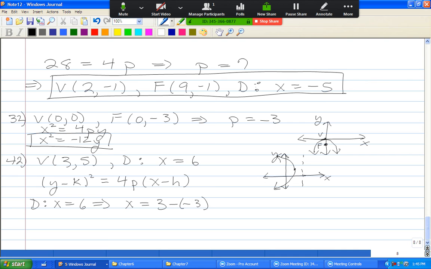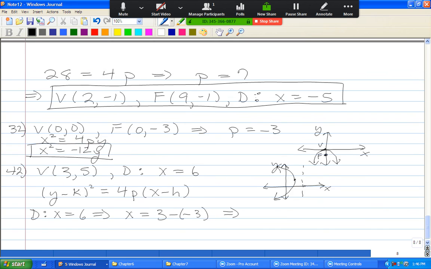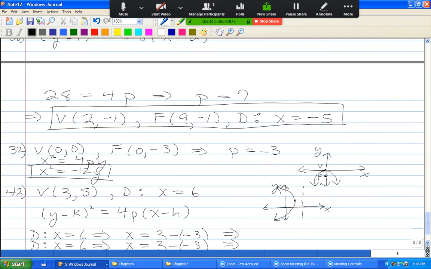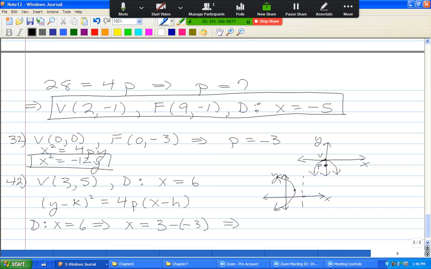Okay, and so that means that in this case, p, so remember that here's my distance here. To go to this distance, this is 6, right? And this guy here is a 3, 5. So it said this distance here is 3.